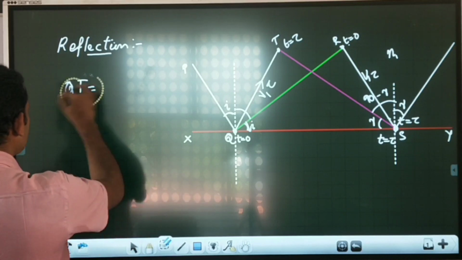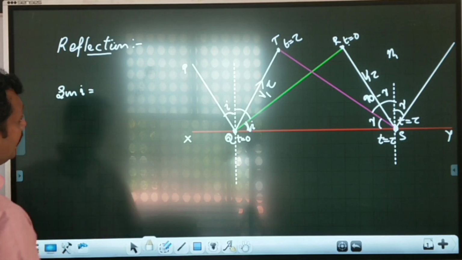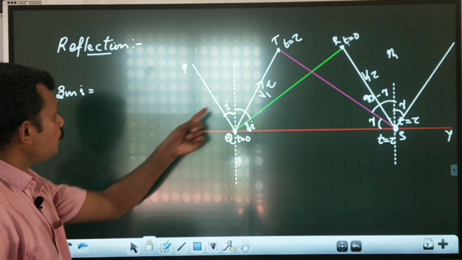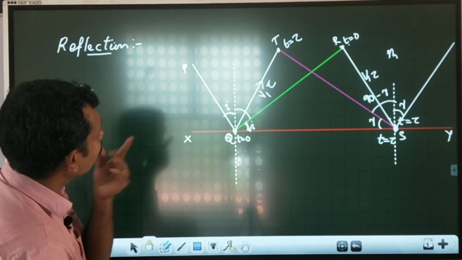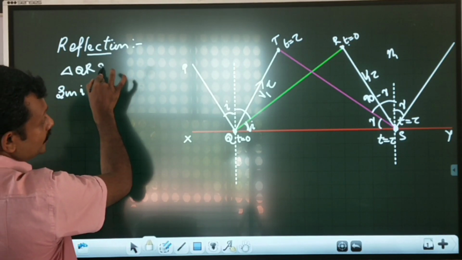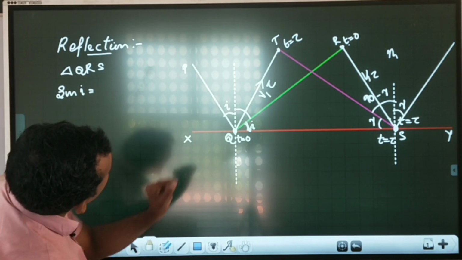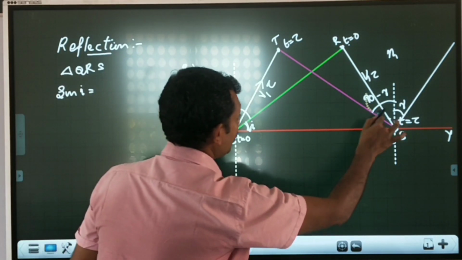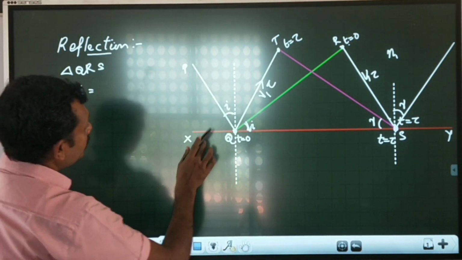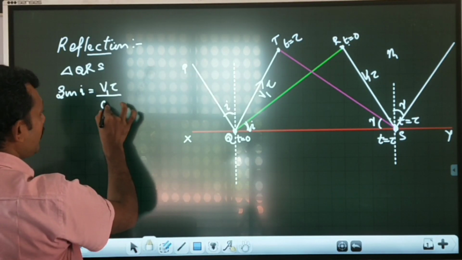Now we will take it once again. What is sin i? Taking the triangle QRS, what is sin i? Now to avoid confusion, I am wiping out these things. Looking at the triangle QRS, I get sin i as v1 tau divided by QS.